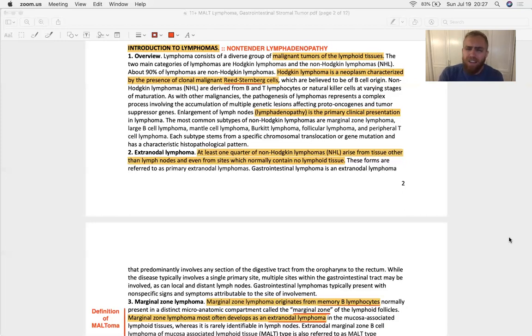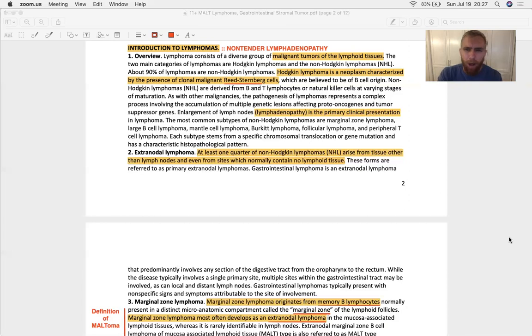But there's a lot to test about with lymphomas. Definitely on the genetic side of things. And so oftentimes they might just give you that, hey, this is a lymphoma, very obviously, and then ask you about some arcane detail, and that's just the way she goes. So we classify lymphomas as Hodgkin or non-Hodgkin.